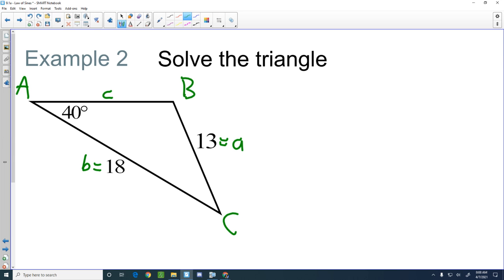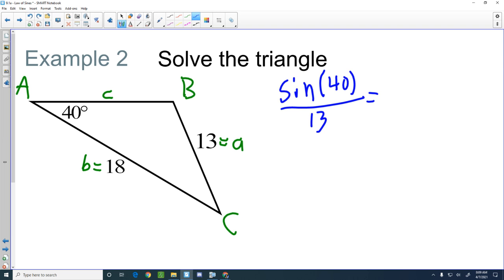So first off, can I use the law of sines for this problem? Do I have that matching set that I need? We do, right? We have an angle across from a given side length. We've got the A combo. So I'm going to start by making my first fraction with the two given values. So the sine of 40 divided by 13.